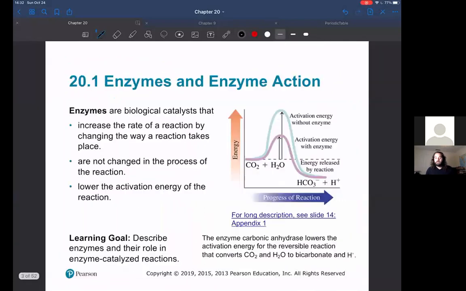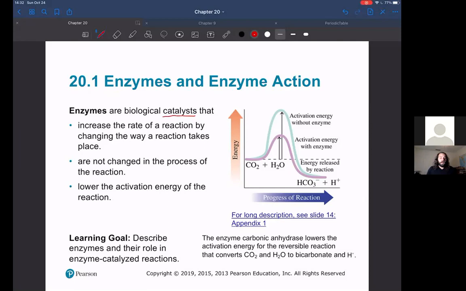Enzymes are proteins, but they are a specific type of protein. They play an incredibly important role in the cell, and that is to catalyze chemical reactions. Right? So an enzyme is just a protein, but specifically a protein that acts as a catalyst in a reaction. Catalysts are things that make reactions go faster.